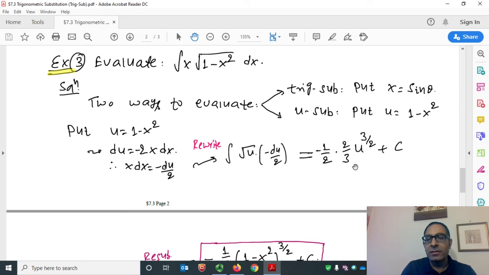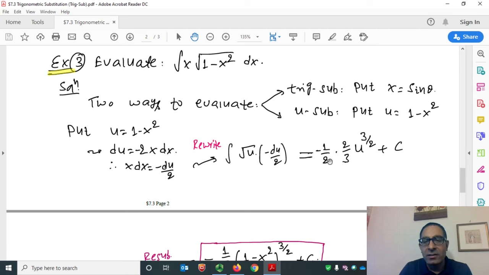Then the next step, minus 1/2 constant pulled outside, and the integral of radical u. Radical u means u to the power 1/2. The integral of u to the power 1/2 is u to the power 1/2 plus 1, which is 3/2, divided by 3/2. Dividing is the same as multiplying by its reciprocal, so you just flip that 3/2 to 2/3.